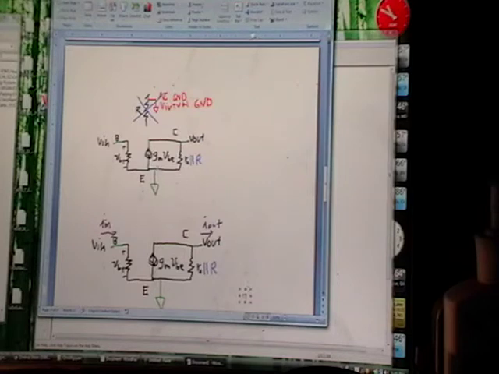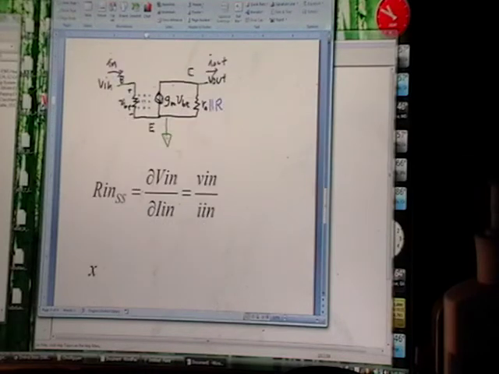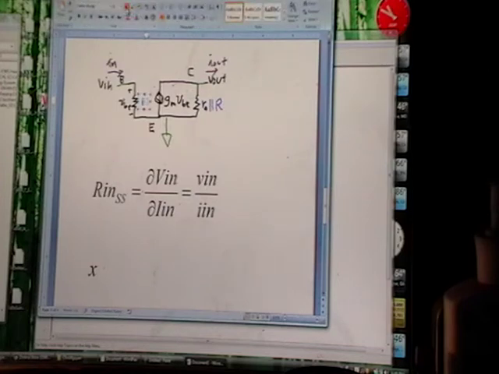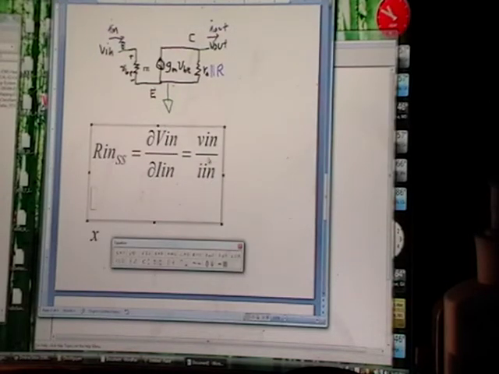Okay, and this is our pi right here. It's not very big. Okay, so what you can do here is, even though it's not exactly clear what Vn over In is, you can relate these two with an equation.